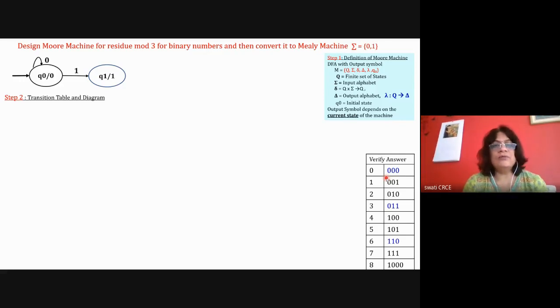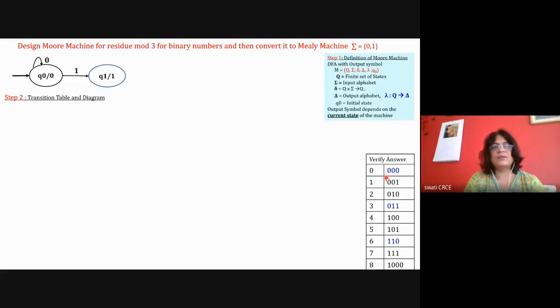If we assume that our output alphabet delta also has two symbols 0 and 1, if the number is divisible by 3, the output generated is 0. If the number is not divisible by 3, the output generated will be 1. Divisibility is shown with the help of the remainder generated, which can be 0, 1, 2.